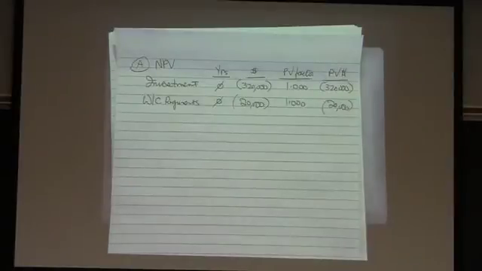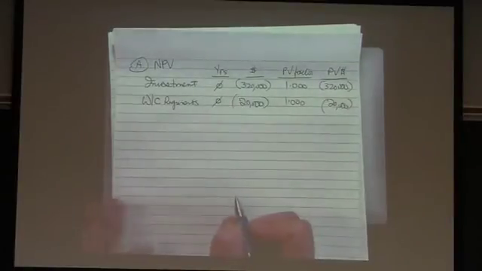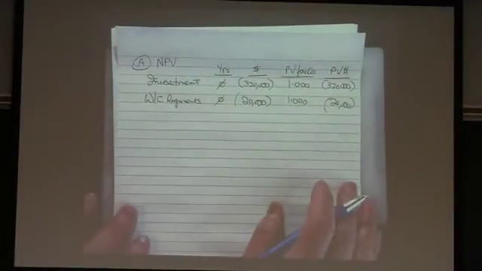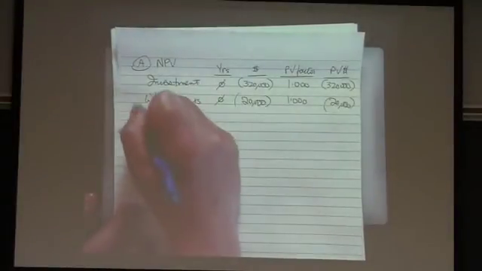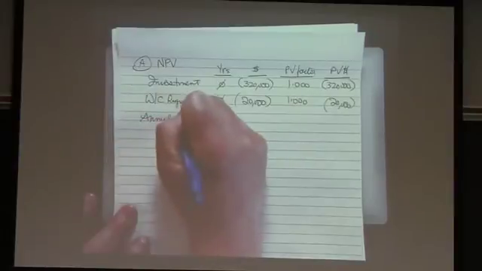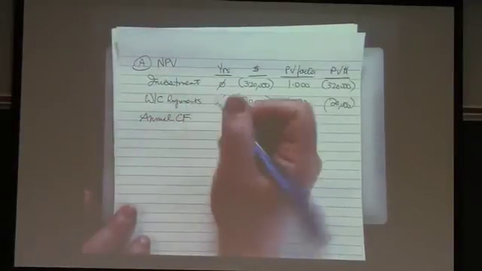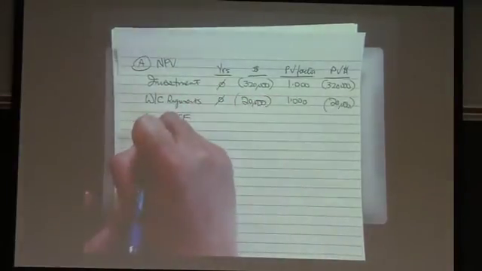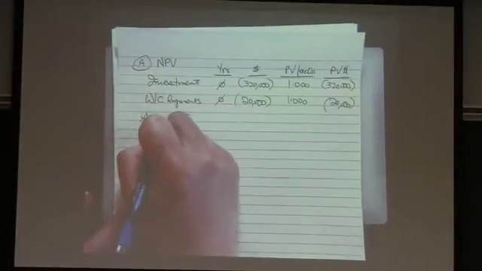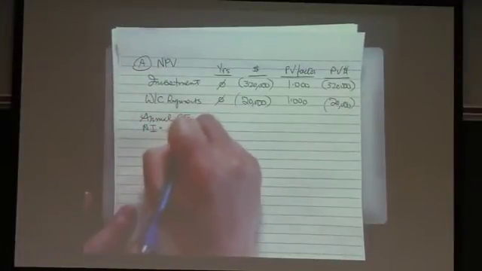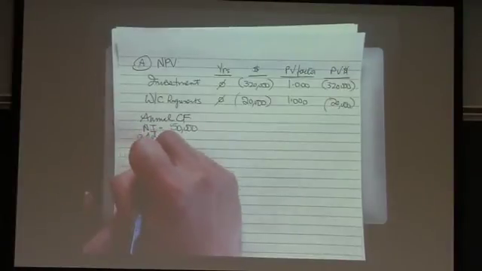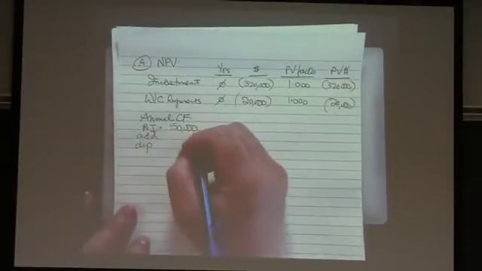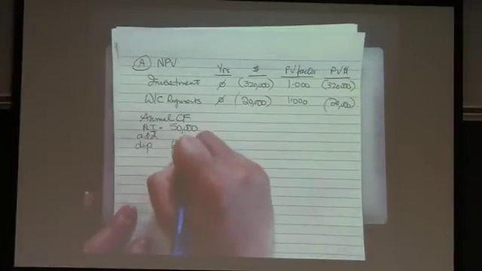Now, what's the annual cash flow? We've got the net income, which is 50,000. We're going to add back depreciation, which we just calculated as 60,000.